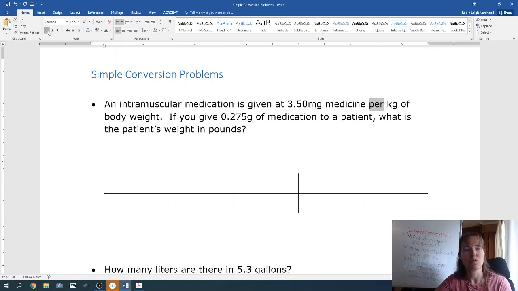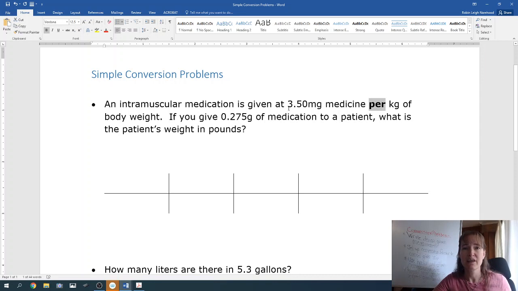This word is one that you should automatically clue into. When you see that, it tells you that the information is not a measurement, it is a conversion factor. If you see the word per, or some kind of abbreviation or symbol that means per, automatically think that this is a conversion factor and I need to write one unit and number versus another unit and number and use it as a conversion factor.